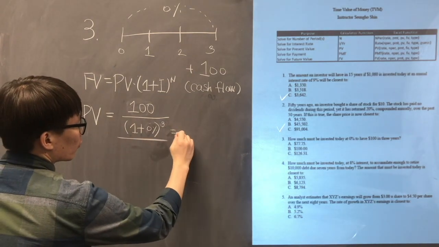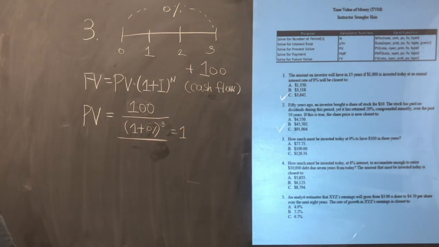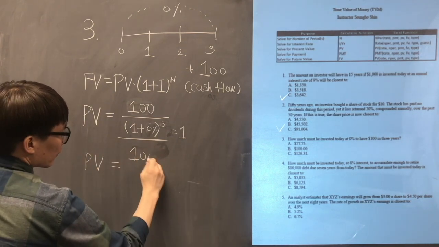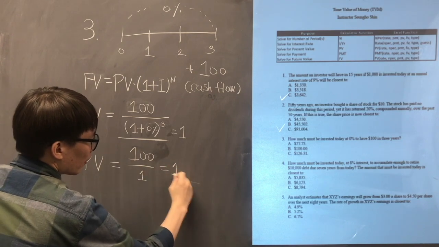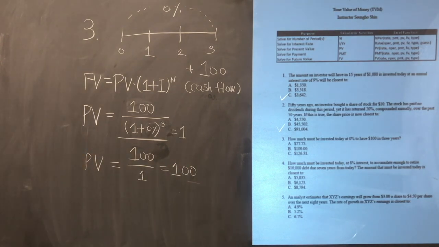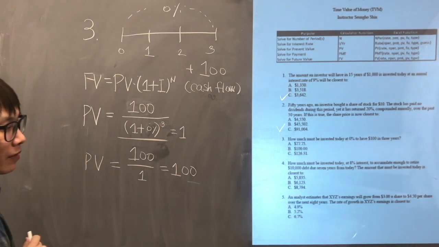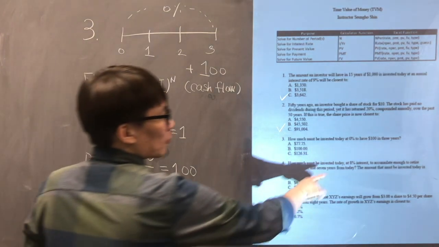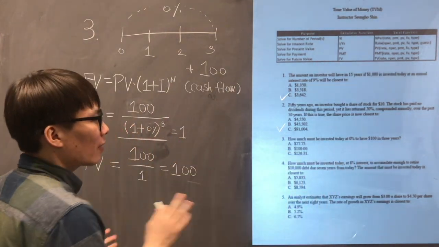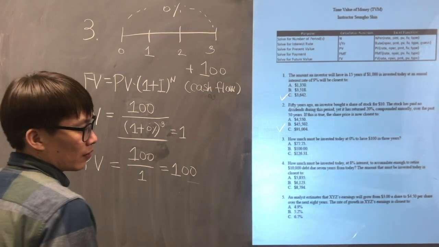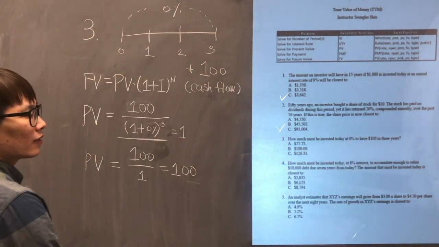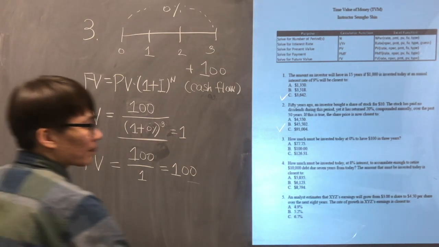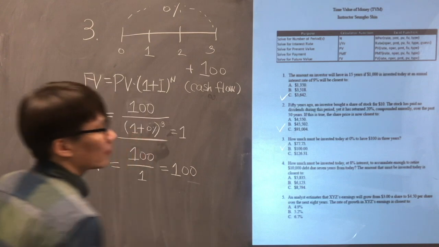In other words, the present value equals 100 over 1, which means $100. So zero interest means it doesn't matter: 3 years, 4 years, 5 years, 10,000 years, you will get 100, and you need to invest 100. Clear? So the answer will be 100.